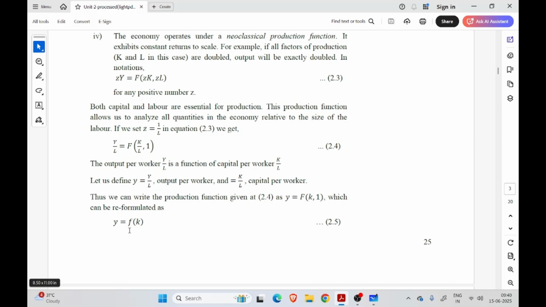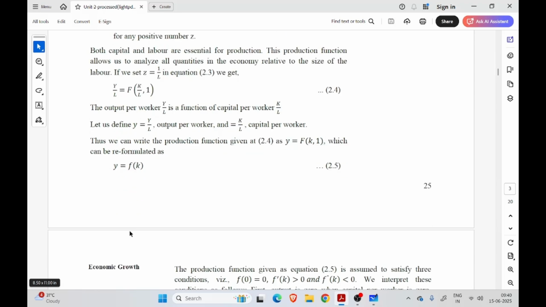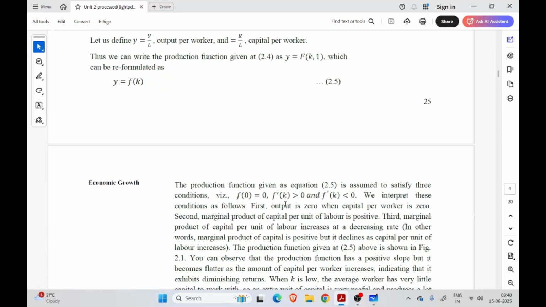The main assumptions are f dash k has to be greater than 0, that is the first derivative of f has to be greater than 0, therefore f is increasing, and the second derivative has to be less than 0, therefore the rate of increase of f is decreasing. So the first derivative is positive, the second derivative is negative, and also f of 0 has to be 0. So if there is no input, there will be no output.